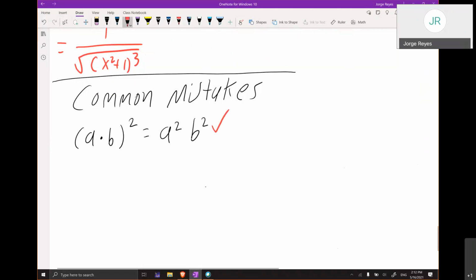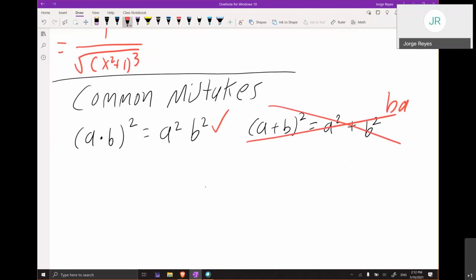Check. The common mistake is if you have a plus sign and you break it like this. This is 100% do not do. This is bad. Not only is it bad, but it's also every math professor's pet peeve. So it's bad and also will make your teacher angry, okay? So it's very bad.